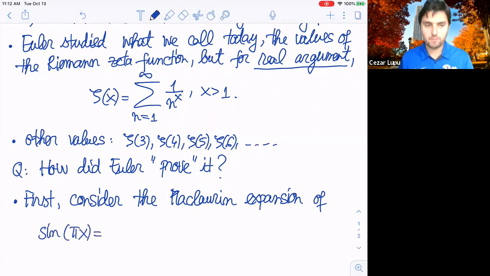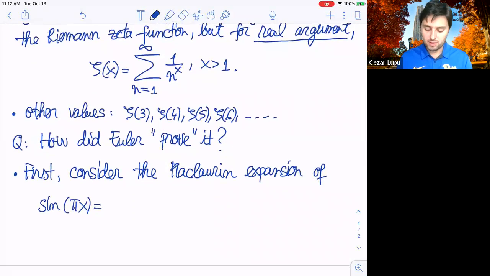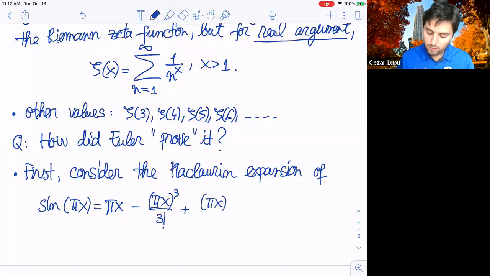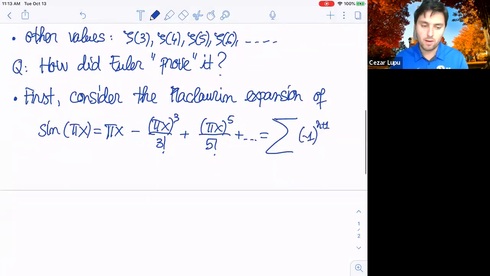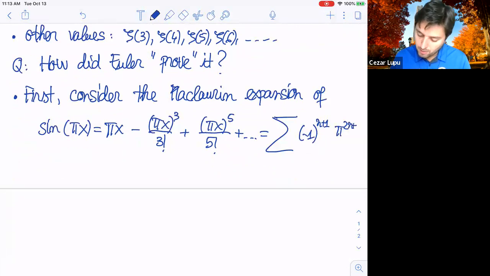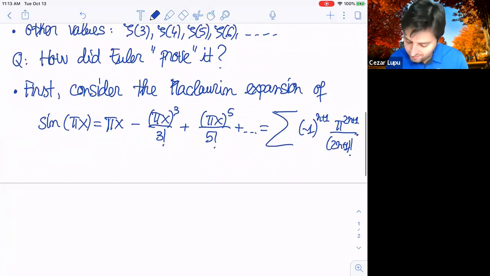Even from calculus 1 or 2, this can be expanded as pi x minus pi x cubed over 3 factorial plus pi x to the 5th over 5 factorial, and we keep going. In other words, if we want to write it as a series, this is nothing else than (-1) to the power m plus 1 times pi to the power m plus 1 over (2m plus 1) factorial, and here I can squeeze in times x to the power m plus 1.